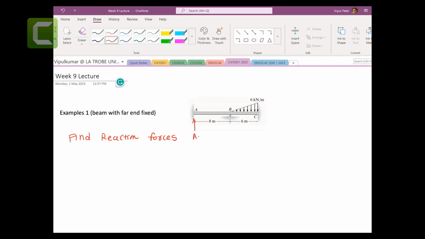You have AY, AX, moment A, BY, CY, CX, and moment C. How many? 1, 2, 3, 4, 5, 6, 7. So a total of 7 unknown forces, and then you have some equilibrium equations.